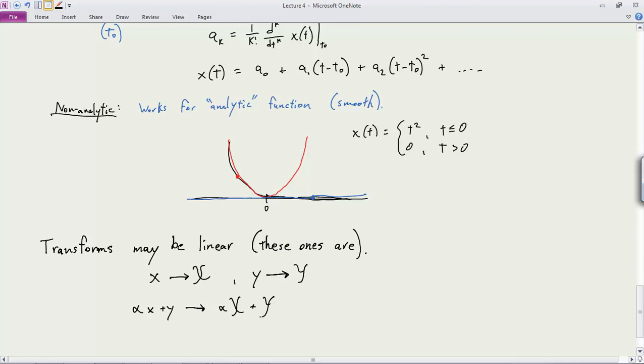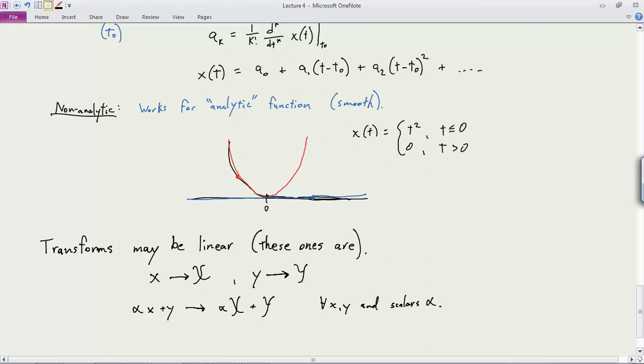If that works, then your process is linear. This is a very general application, and it should work for all x, y, and scalars alpha. So all constants alpha and all x and y that are signals.